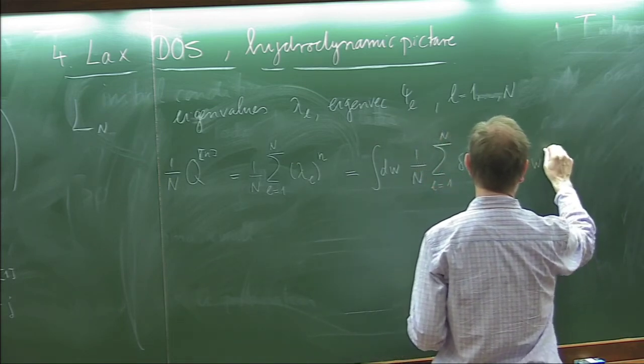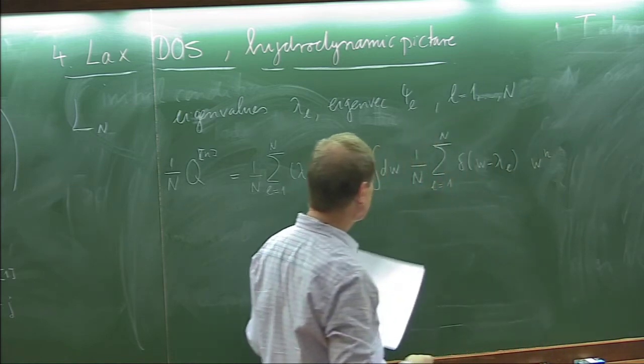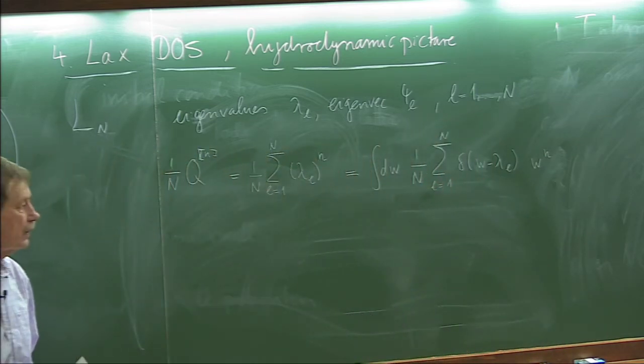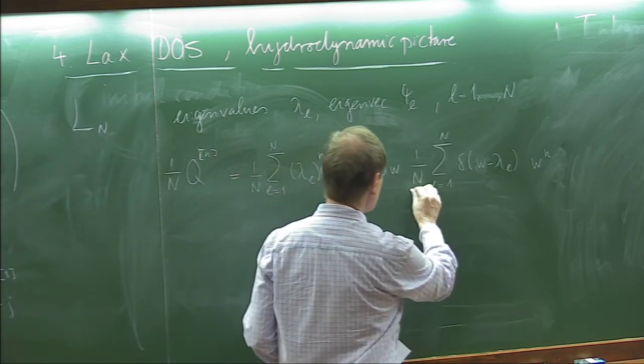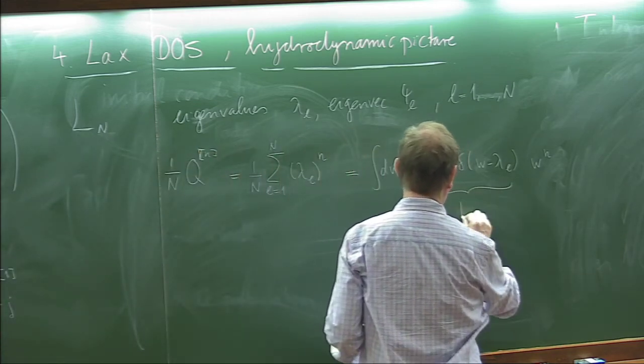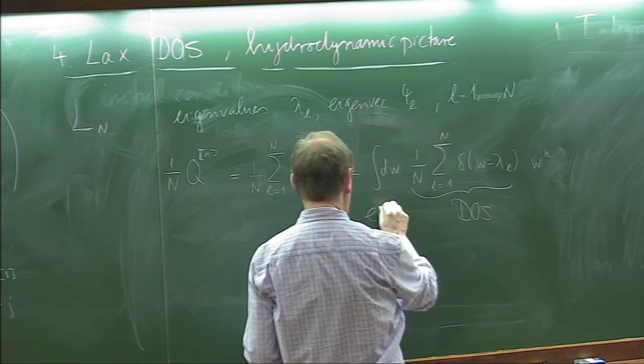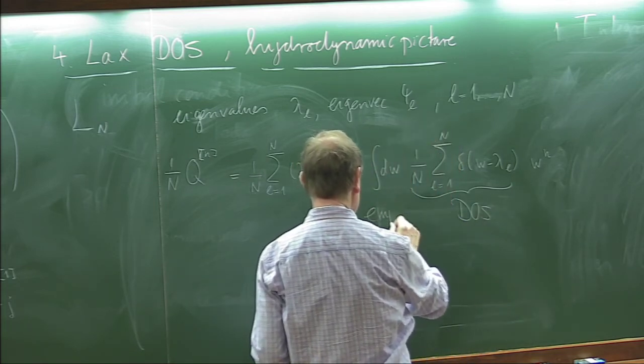And then I put here w to the power n. So if you work out the delta function, that's just exactly what I wrote. Now you look at this quantity here, and this is the DOS.